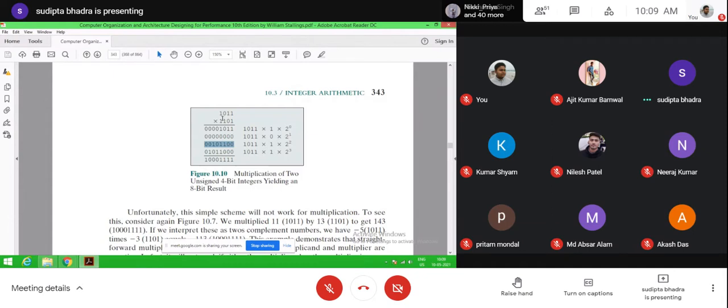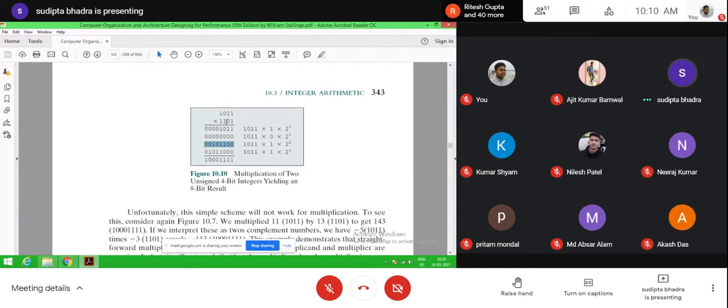Similarly, the multiplier bit 1 is present in the 2 to the power 3 position.